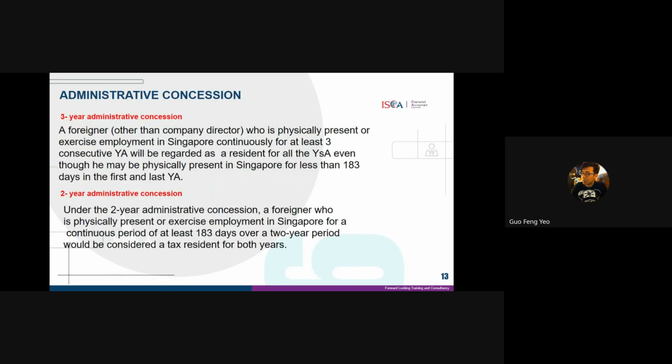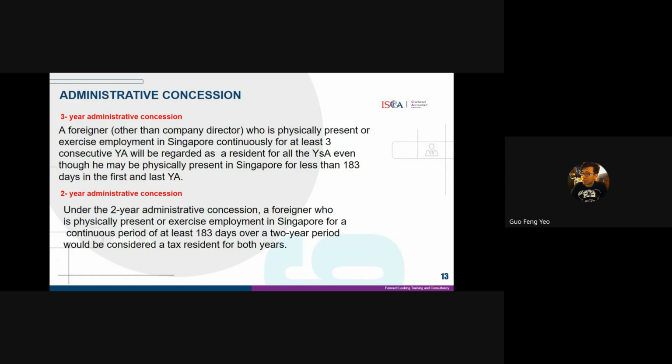Next, administrative concessions. Just for background and context, while administrative concessions are not law, they represent a method prescribed by the IRAS in the form of an IRAS circular to provide better clarity, or in a lot of times, the practical approach to determining certain complex tax rules.